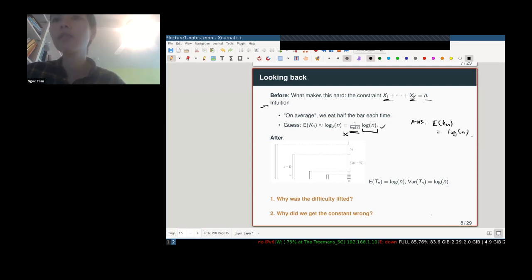So the constant should have been 1 and not 1 over log base 2. Our solution was that we had a continuous distribution. So why was the difficulty lifted? And perhaps a more interesting question is, why did we get the constant wrong? We thought it should be log base 2 of n. Why is it not?